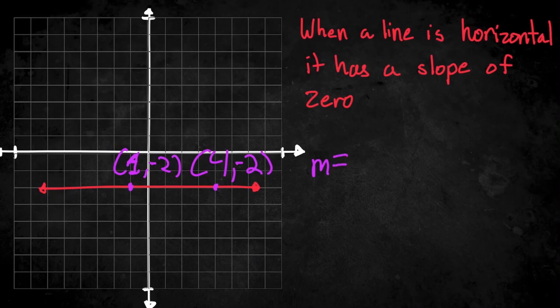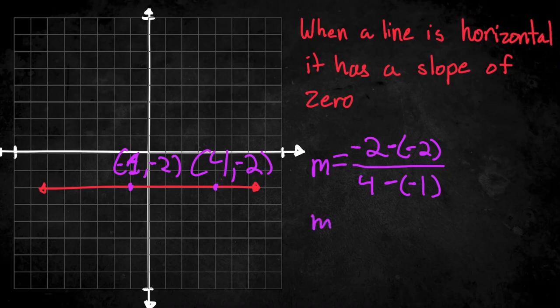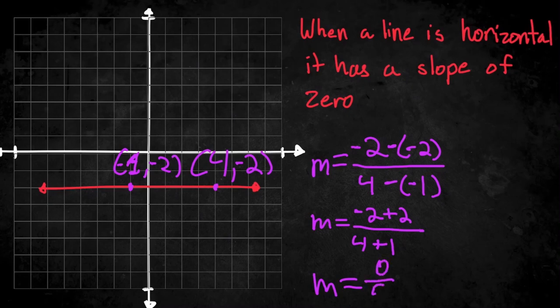So you have m equals -2 minus -2 over 4 minus -1, right? And that would be m equals -2 plus 2 over 4 plus 1, and that would be 0 over 5, which equals just 0. So this line does have a slope of 0.